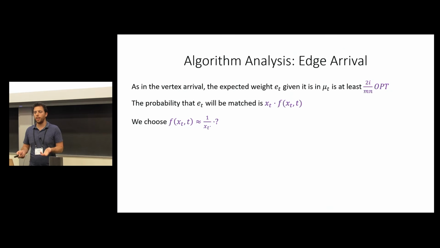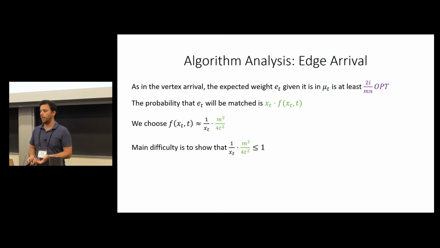So we want to choose f of xt, comma, t to be something of the form 1 over xt times some constant or some expression, because we want to cancel out the xt term which depends on the edge and on the structure of the graph. On one hand we want this expression to be as large as possible because it will guarantee a better competitive ratio.